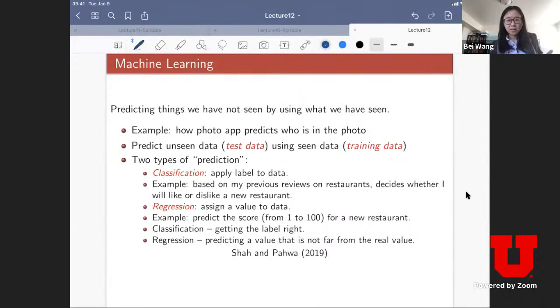The other one is, instead of just assigning a label to data, which is usually categorical, there is regression, and regression is about assigning a value to the data. So for example, based on some known information, maybe a new restaurant is coming in, and you want to predict how much I'm going to like this restaurant based on what has been seen, right?